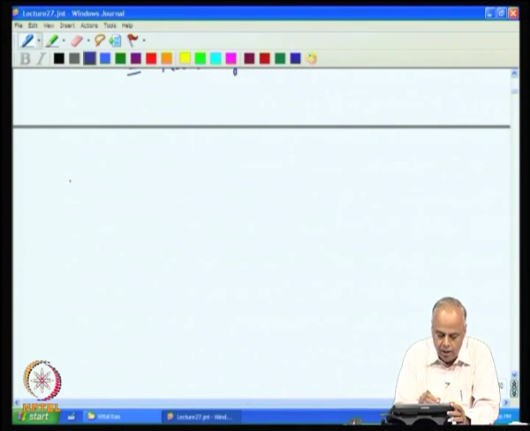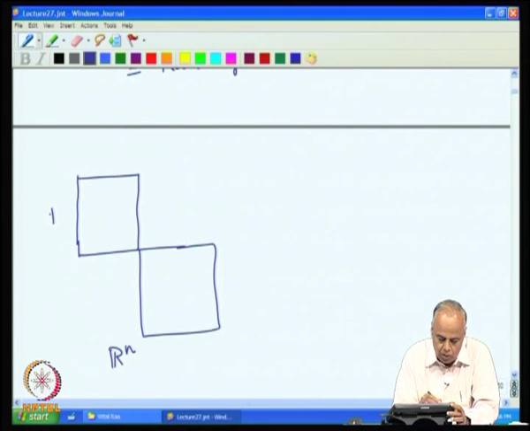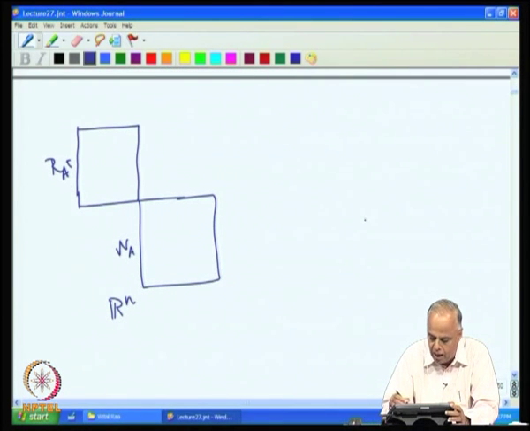Therefore, on the R^n side we had the two orthogonal subspaces, each being the orthogonal complement of the other.